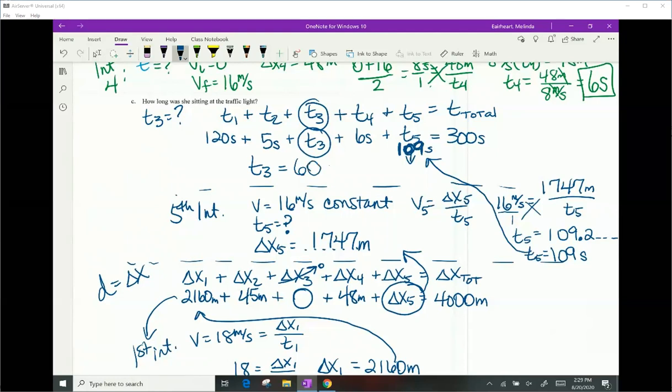About a minute. Right. And so we were in seconds the whole time. You can report your answer in seconds. And I know that you see 60 seconds and you're like, I'm going to say a minute. Maybe the problem didn't specify. Both would be correct. If it said how many minutes was she sitting at the traffic light, you would have to put in minutes. But in this one, it didn't. So you could actually report either or both if you wanted.